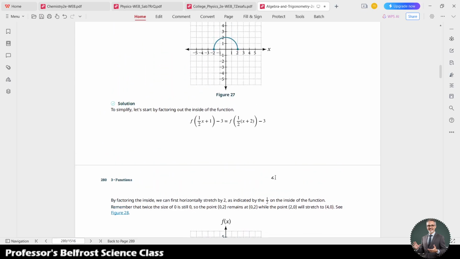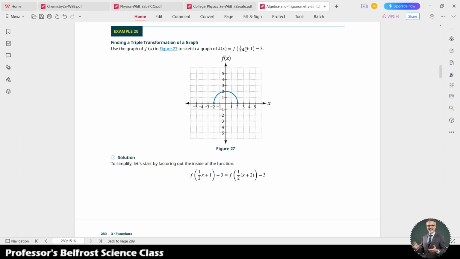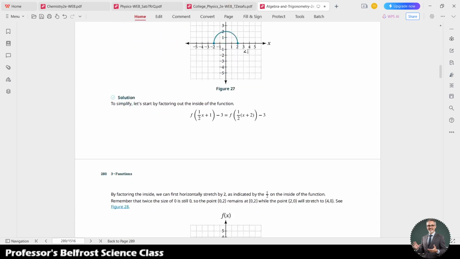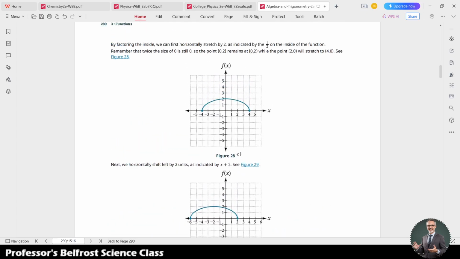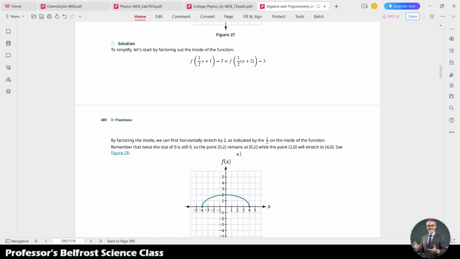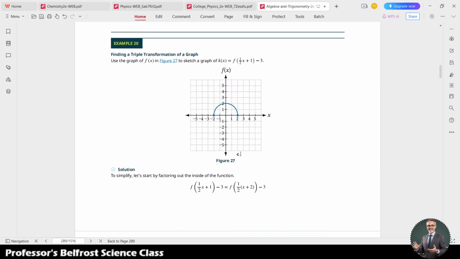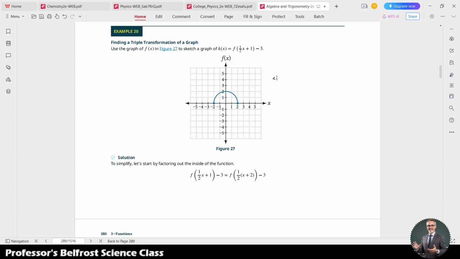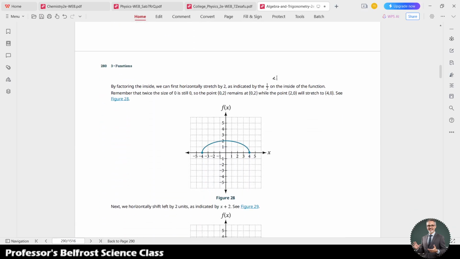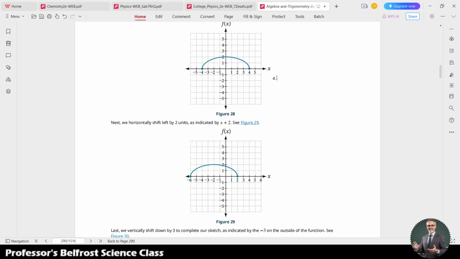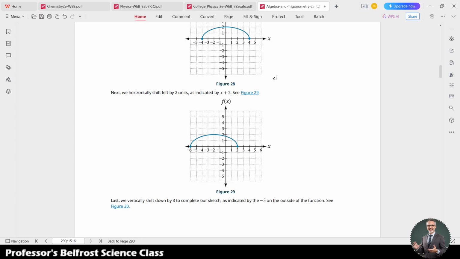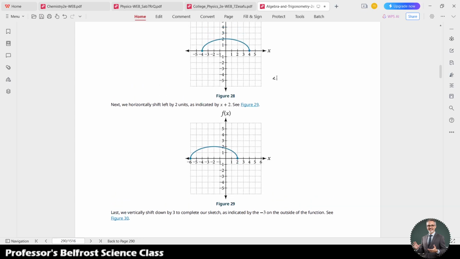And then plus 1. It means shift left 1 unit, like this. Okay, and then you shift down 3 units.